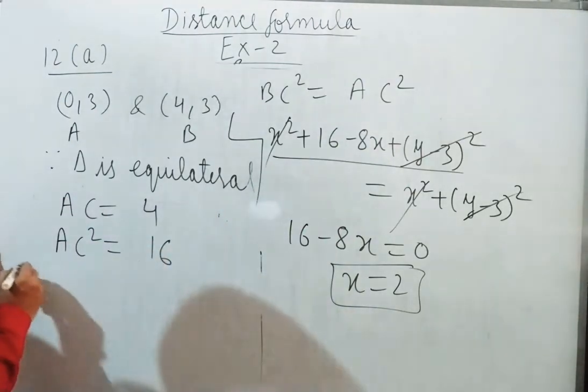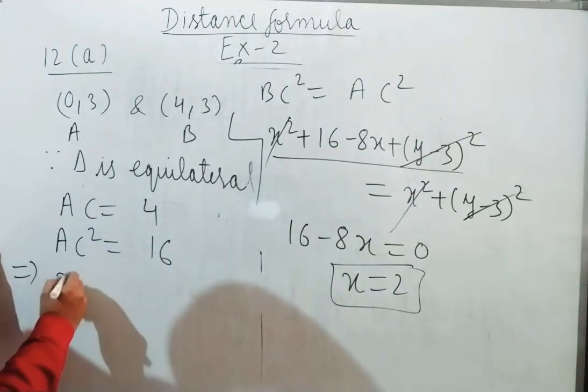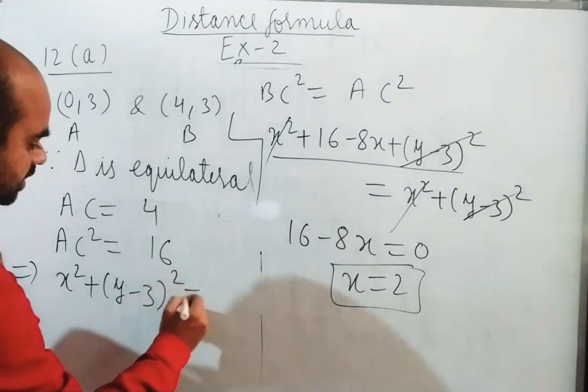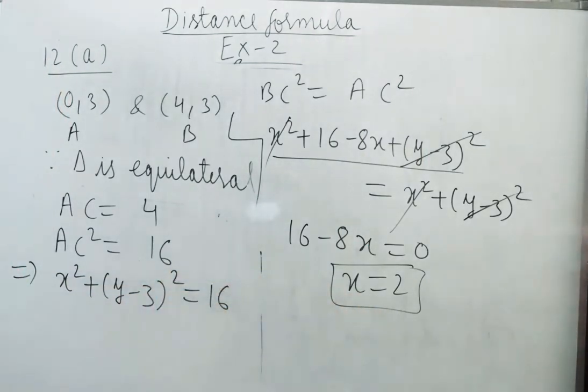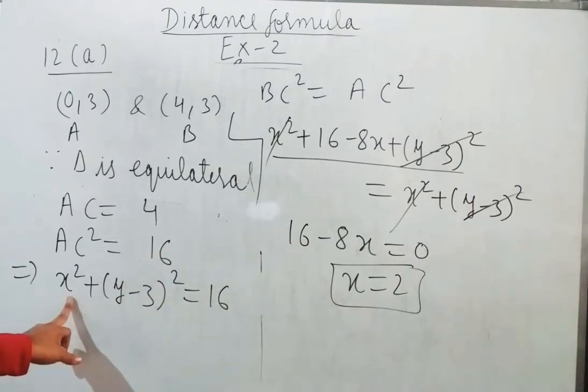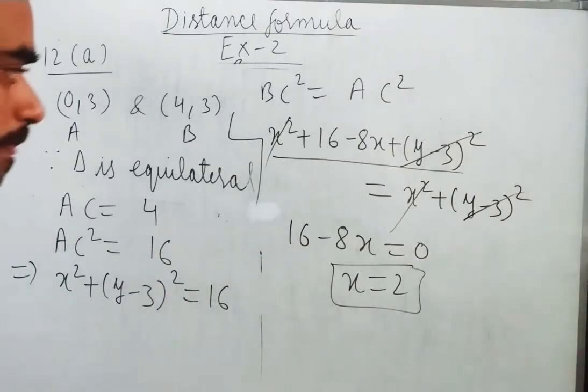AC square we have just calculated: x square plus y minus 3 whole square is equal to 16. Correct? X we have already calculated as 2. 2 square, that is 4. Solve.